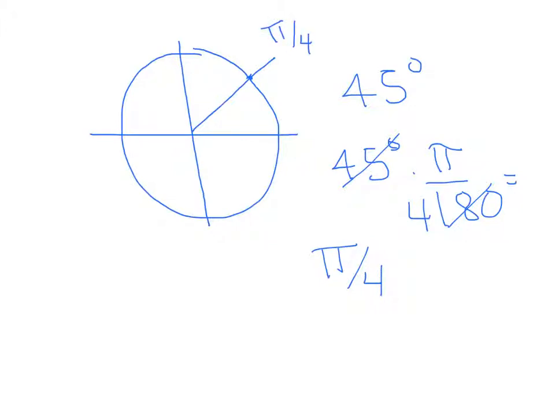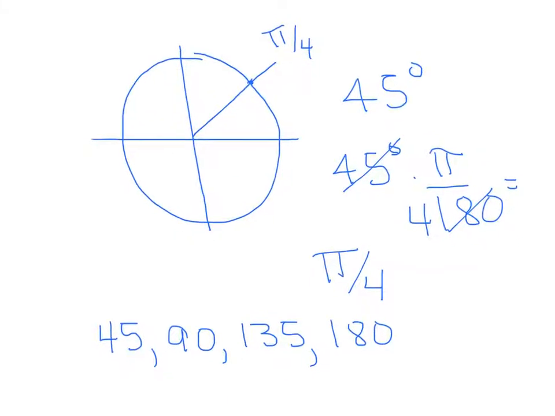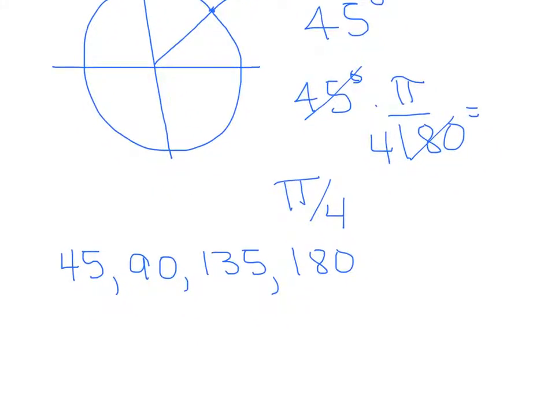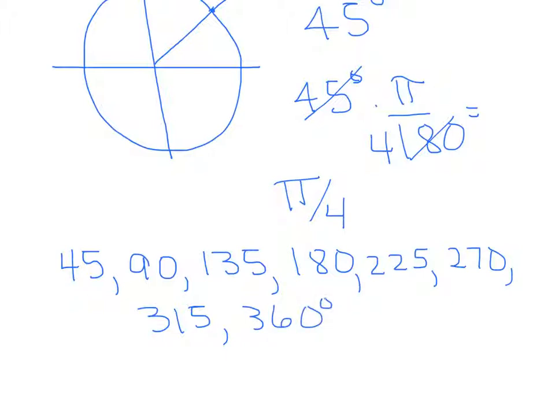Well, if I counted by increments of 45 degrees, I would get 45, 90, 135, 180, 225, 270, 315, and 360 degrees.